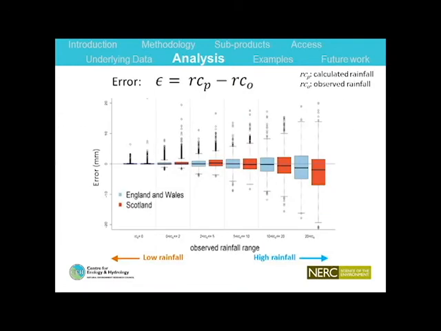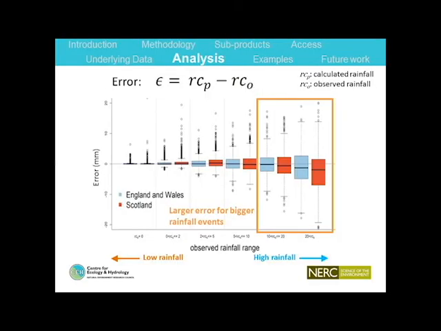So these are the results. On the y-axis, you can see the error. On the x-axis, you can see different ranges of observed rainfall, with low rainfall on the left and high rainfall on the right. England and Wales is in blue, the blue boxes, and the red boxes are Scotland. What we can see here is the error is small when there's little rainfall, although we do have some outliers in Scotland, and the errors are larger for the bigger rainfall events.